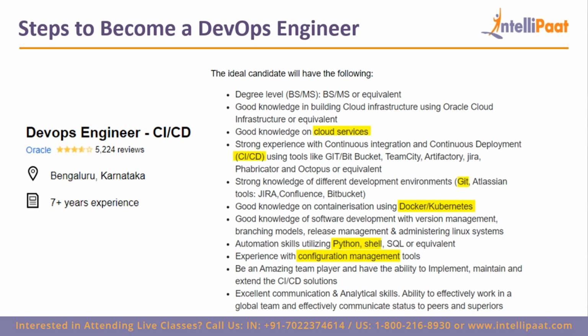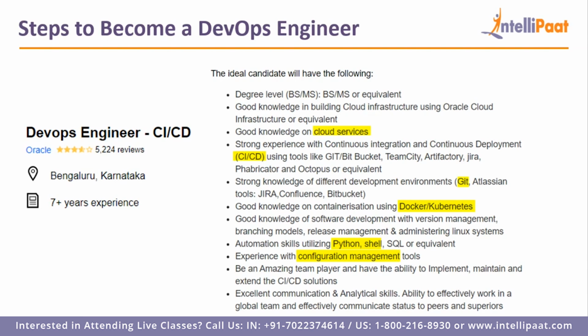And then they're also asking us to learn about Git, Atlassian, Jira, Confluence, Bitbucket. So Jira, Confluence and Bitbucket are Atlassian tools. If your company is using the Atlassian ecosystem, you might have to learn Jira, Confluence and Bitbucket. And then they're asking us to learn Docker and Kubernetes. As I told you, they are containerization services.